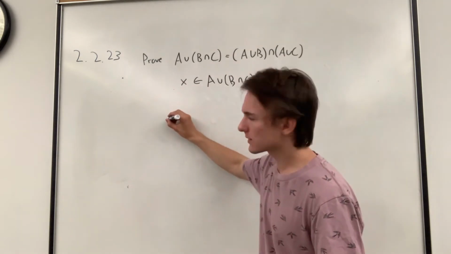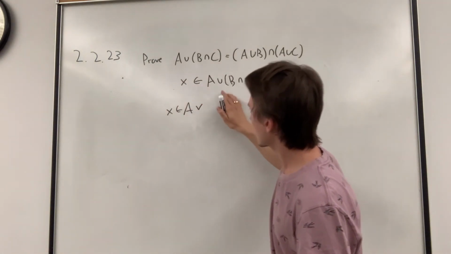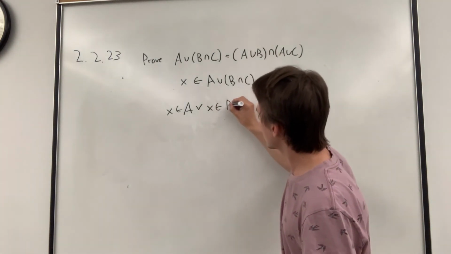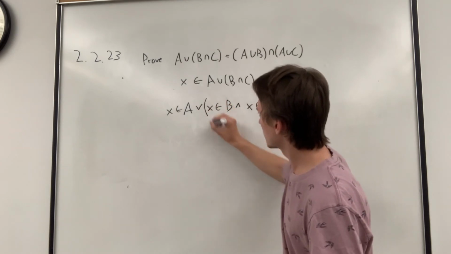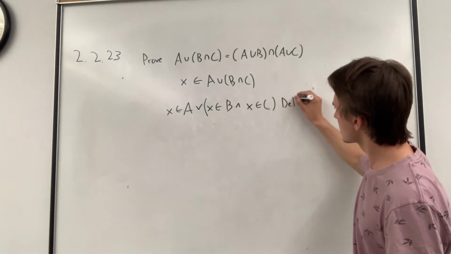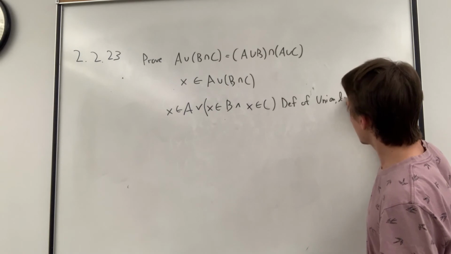So then it would look like this. X is in A, or, converting that union into an OR, x is in B, and x is in C. Right? And that's just the definition of union and intersection.